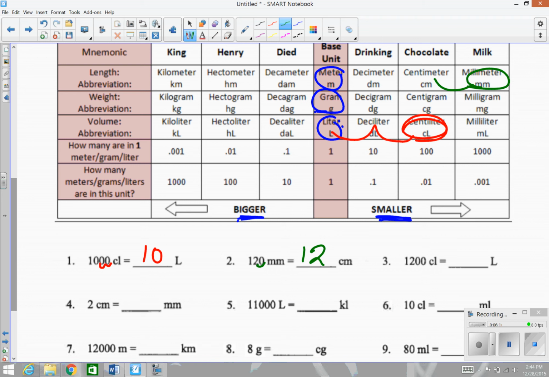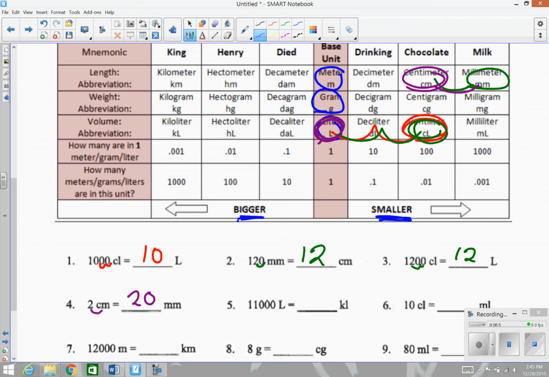This one's similar, 1,200 centiliters to liters. So again, 1, 2, we're getting 12 liters. Next, 2 centimeters, starting here and going to millimeters. So 1 space to the right, you're adding a 0, you get 20. Then we get 11,000 liters, starting at our base unit, and we want to convert to kiloliters.